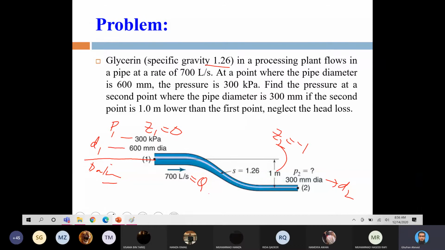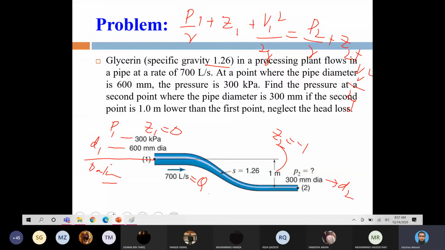Okay, so you need to apply Bernoulli's theorem, which is P1 over gamma plus Z1 plus V1 square over 2G is equal to P2 over gamma plus Z2 plus V2 square over 2G. So this is the equilibrium equation.